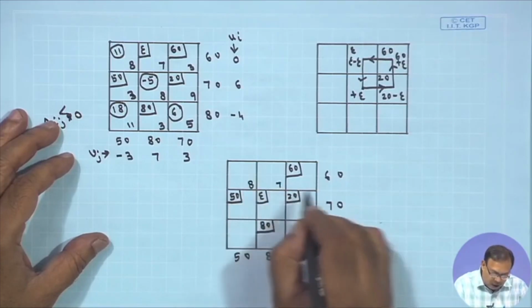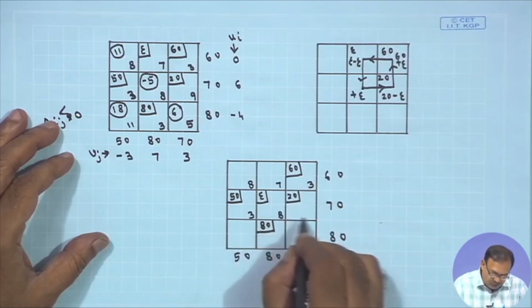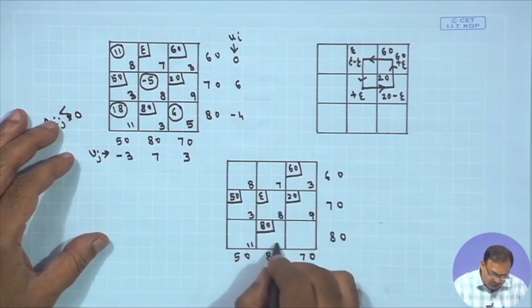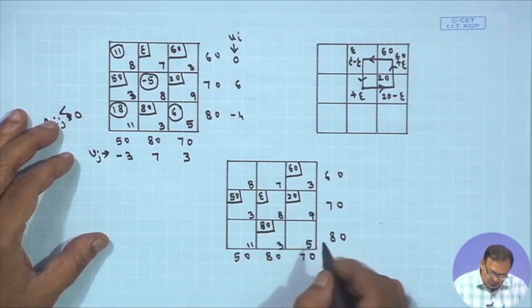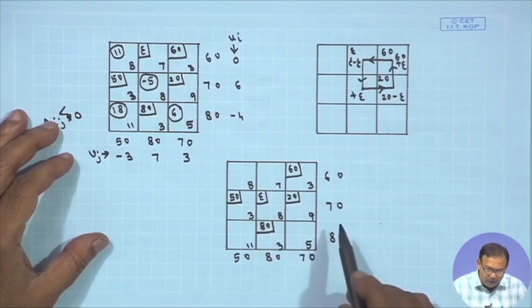Let me write down the Cij values for all cells from the earlier table: 8, 7, 3, 3, 8, 9, 11, 3 and 5. With this, check again whether this table is optimum or not.